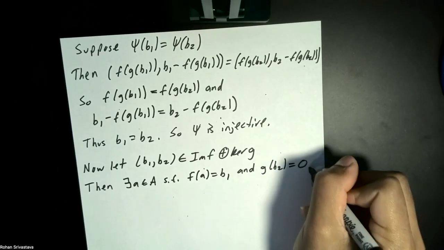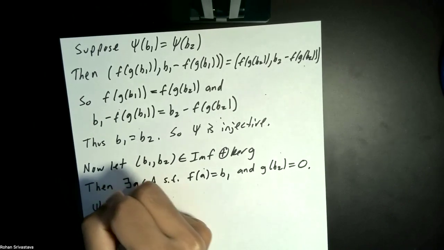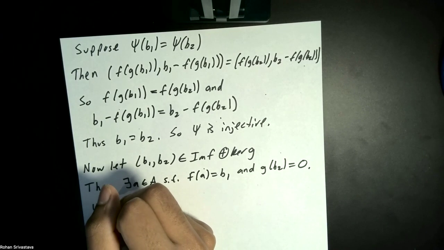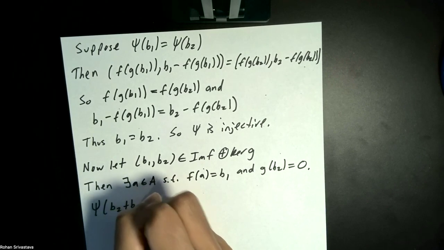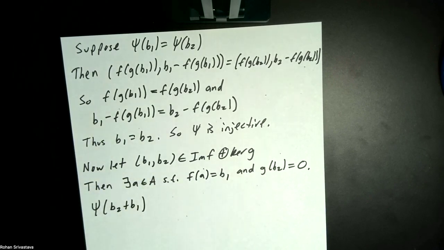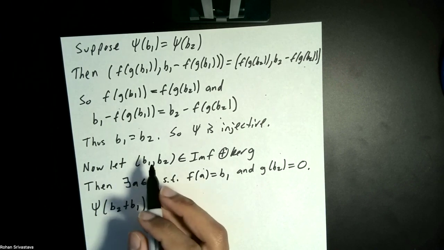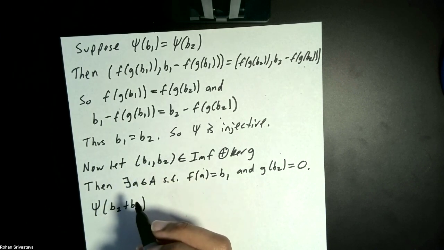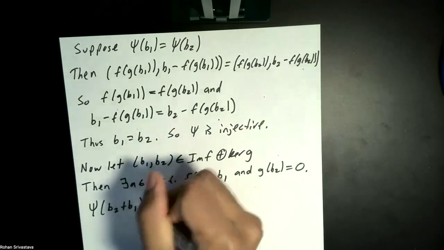Okay, so now we need a candidate for what's going to map to (B1, B2), and we claim it'll be B2 plus B1. This is indeed an element of B, because B1 and B2 are, and so their sum is. And what is this equal to?